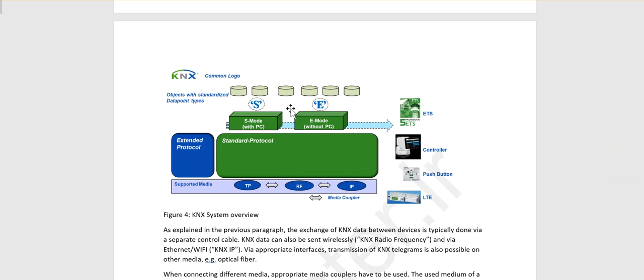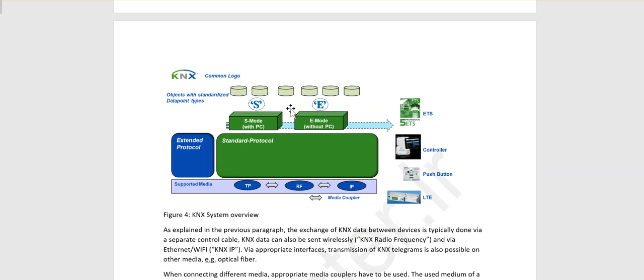But in easy mode, as the name says, it's easy. There's no need for any computer or PC. You can only implement some simple settings. For example, you press the number 1 channel for some seconds, and then it starts blinking, and you can learn this channel to some sensors, okay, some keypad on a wall.